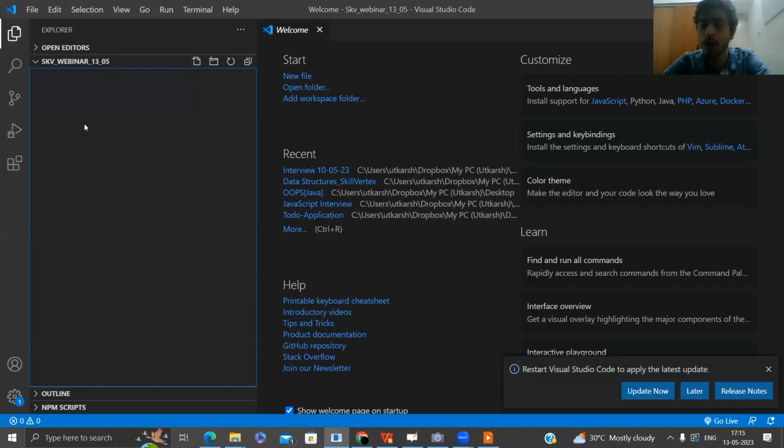This is the folder that I have on my laptop, and I opened it using VS Code. Now I'll be writing code for Fibonacci numbers, because that is the typical example which everybody learns whenever somebody starts off with dynamic programming.